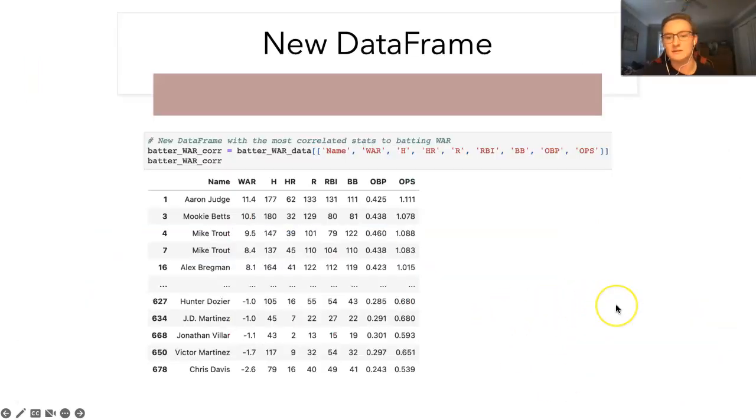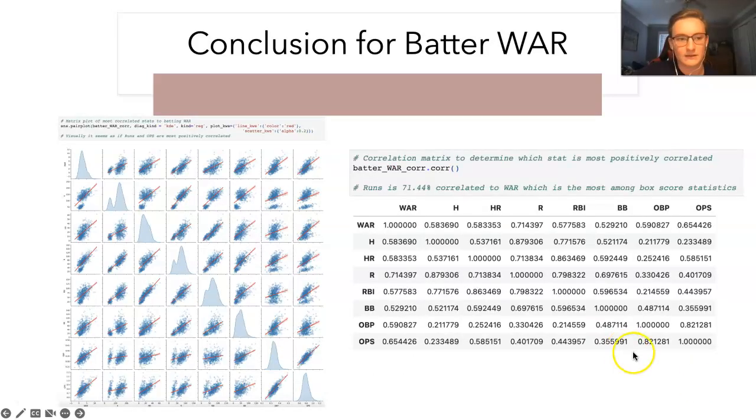And so I did the same thing as I did with the pitching data, and I created a new data frame with those metrics. And then lastly, I created a correlation matrix. And so you can see visually, it seemed like everything was pretty close. However, runs were very strongly correlated, as well as OPS too.